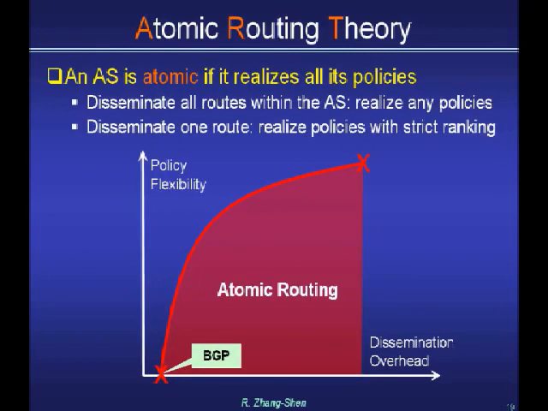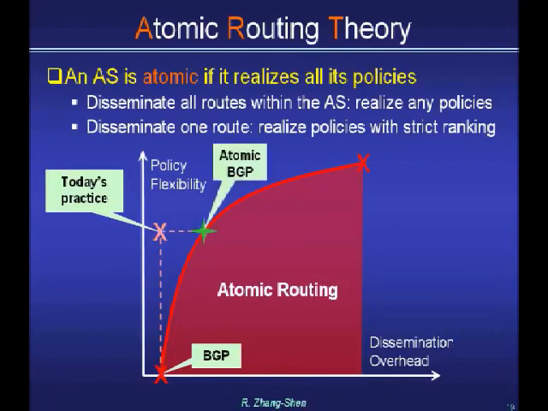So BGP was a really well-designed protocol. But the problem is, as time goes, people wanted more flexibility in BGP, which is very understandable because it's a business, right? So we bumped it up in the y direction without moving it to the right-hand side. So it's operating outside of the region, and that's why it cannot realize all the policies you want today.